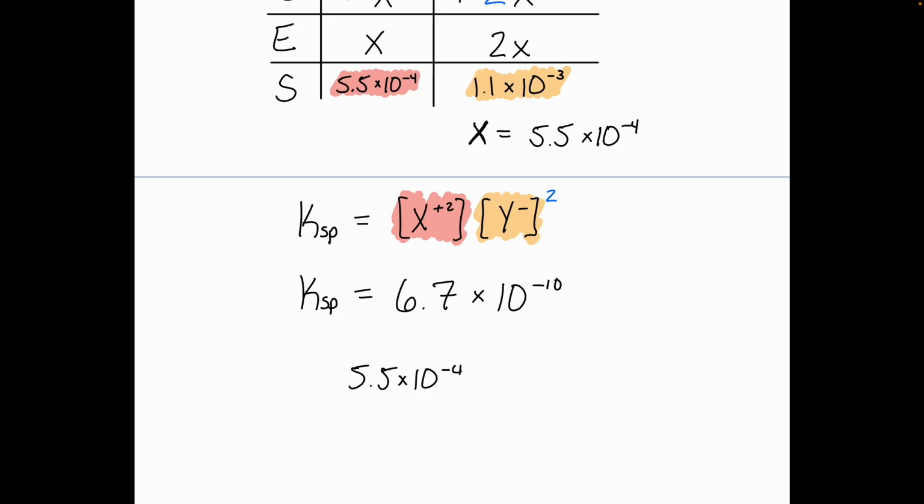So I had to go parentheses 1.1 times 10 to the negative 3, and then square that whole thing. Otherwise, I square the 10 to the negative 3 and not the 1.1. Any other questions? This was more of a wrench in the works than I thought here.